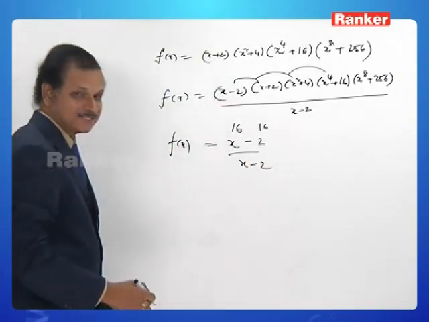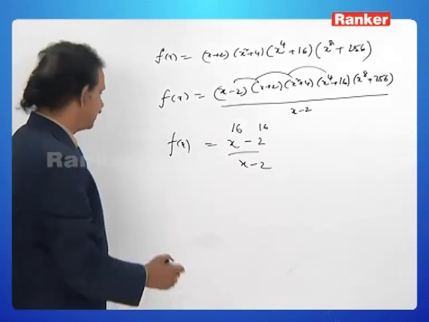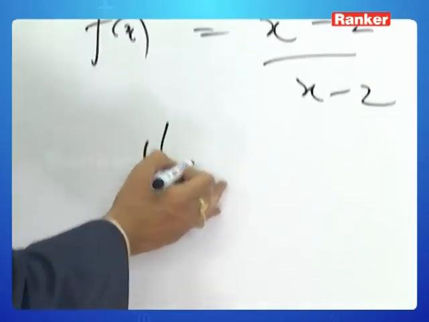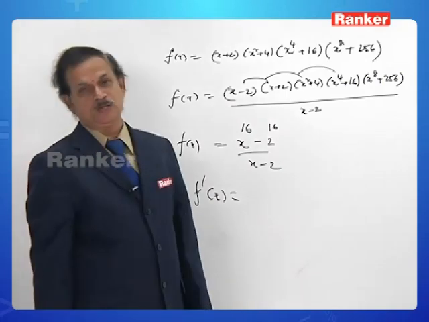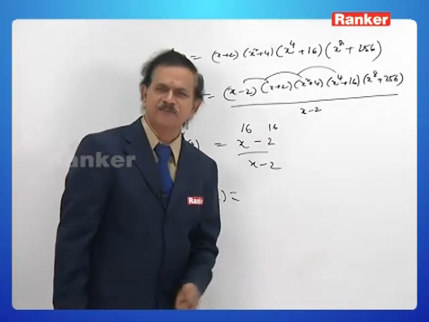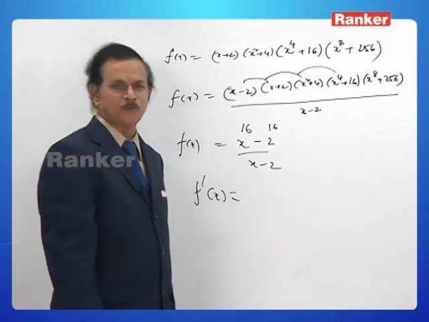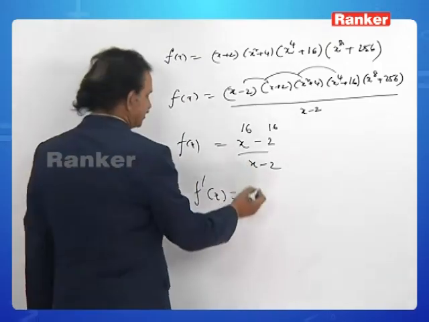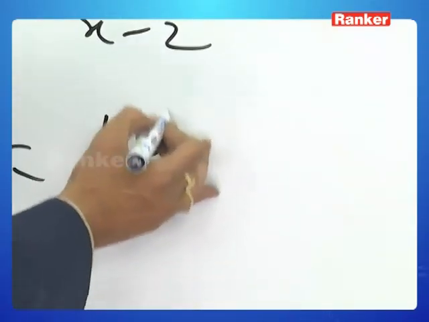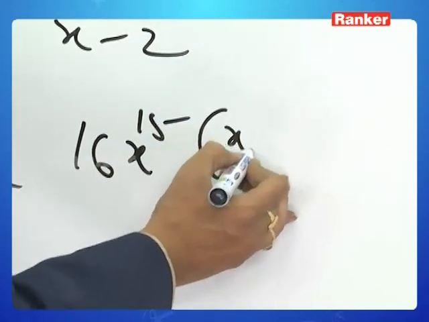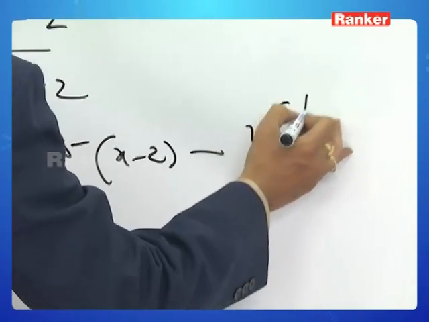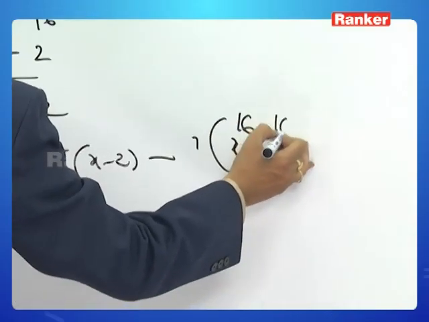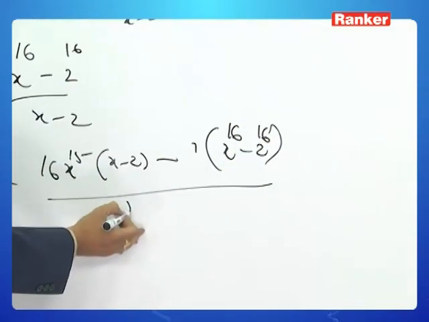First of all, what is the question here? It's nothing but f dash x he requires. You apply the general u by v formula, quotient rule. Come on. U dash 16x power 5, v dash 1, by v square.